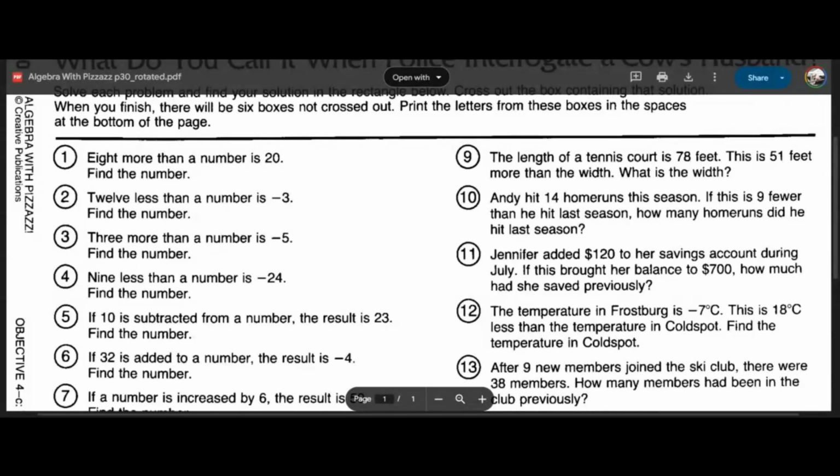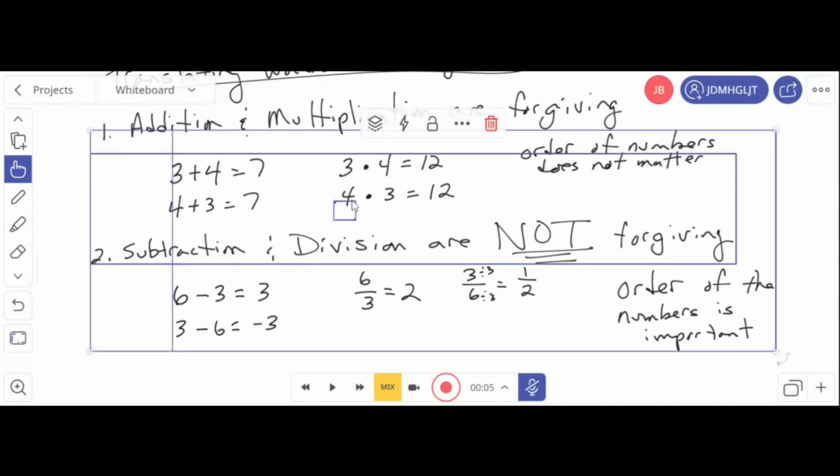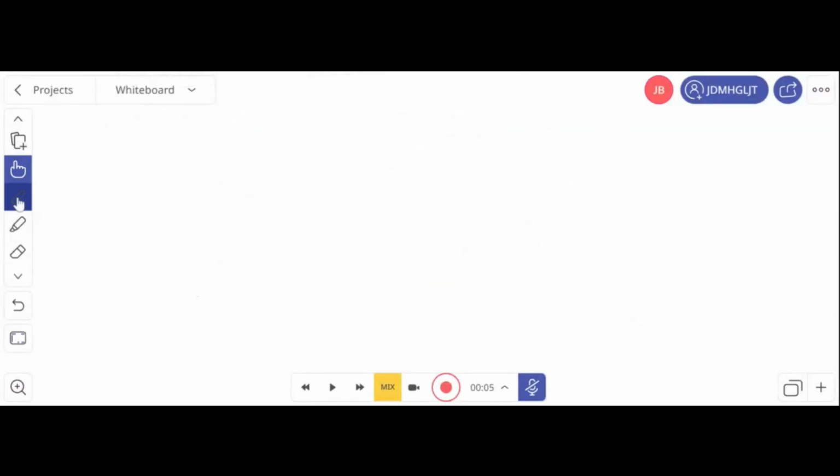I'm going to switch back to my whiteboard. To help you out, I will write the problem down so that we can see the word problem as we are working it.